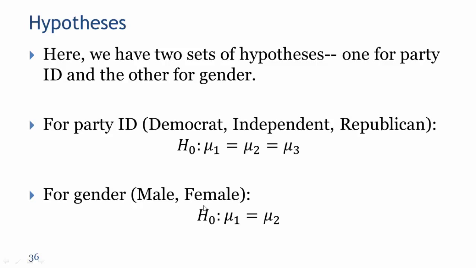Similarly, for gender, we have two levels. We are testing if the average scores on political ideology are the same or different across gender. The null hypothesis is mu1 equal to mu2 against the alternative that they are different.